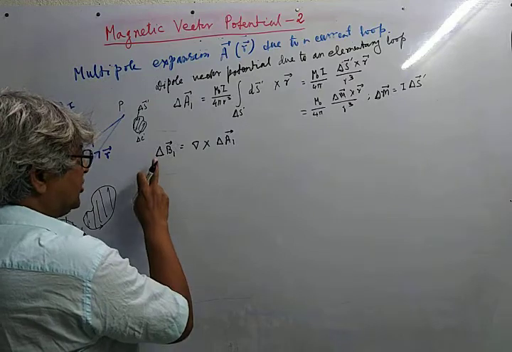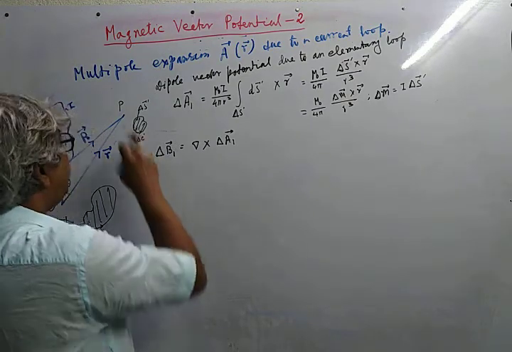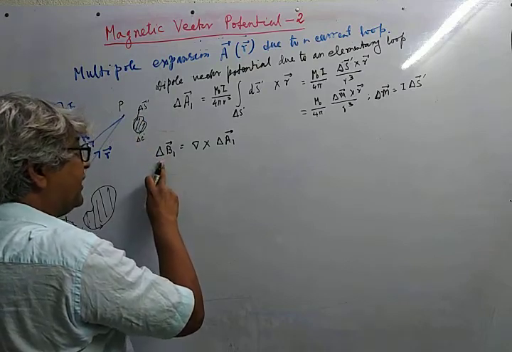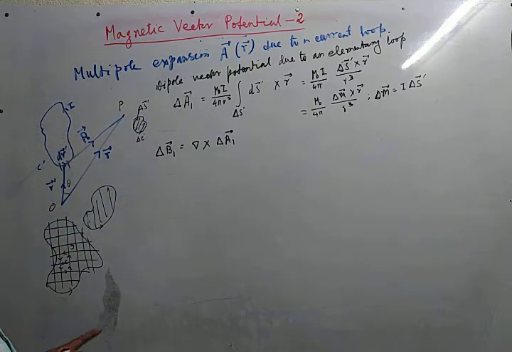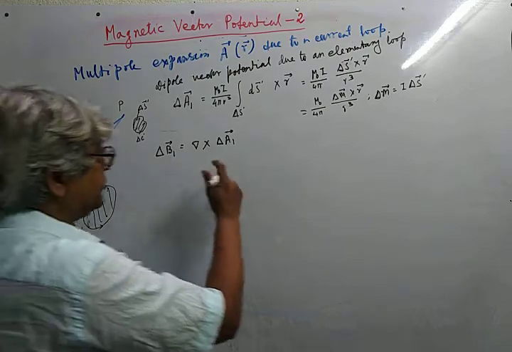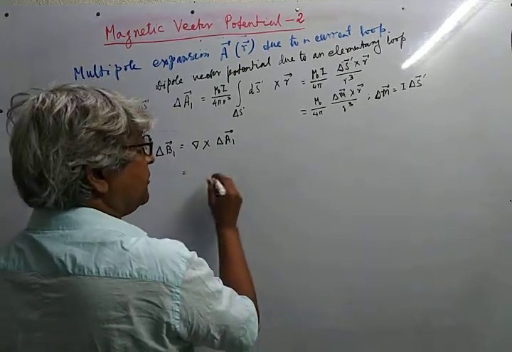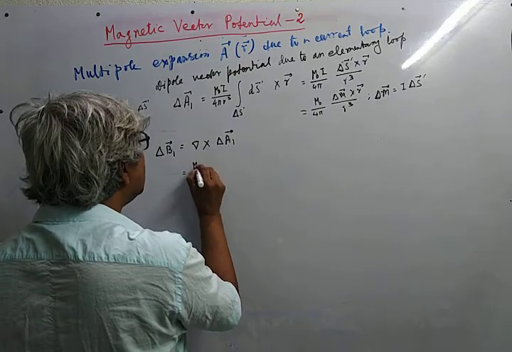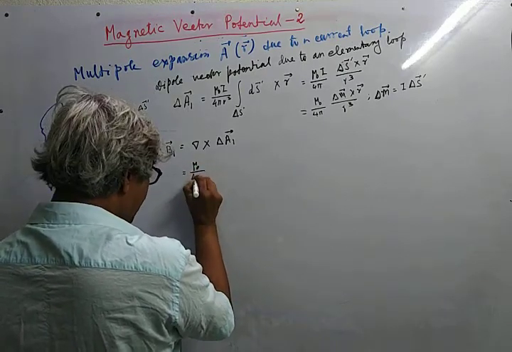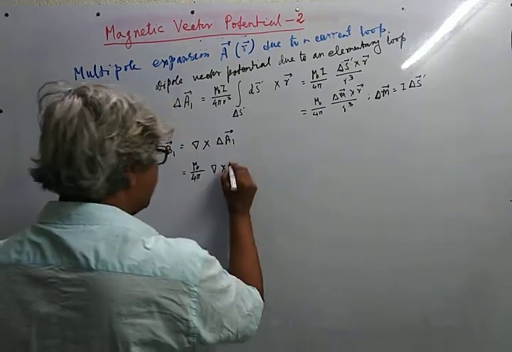Again, this is delta B, the magnetic field at point P due to an elementary area delta S prime bounded by a contour delta C, and this is the corresponding contribution to the field. So mu 0 upon 4 pi is constant, then the curl of this part.